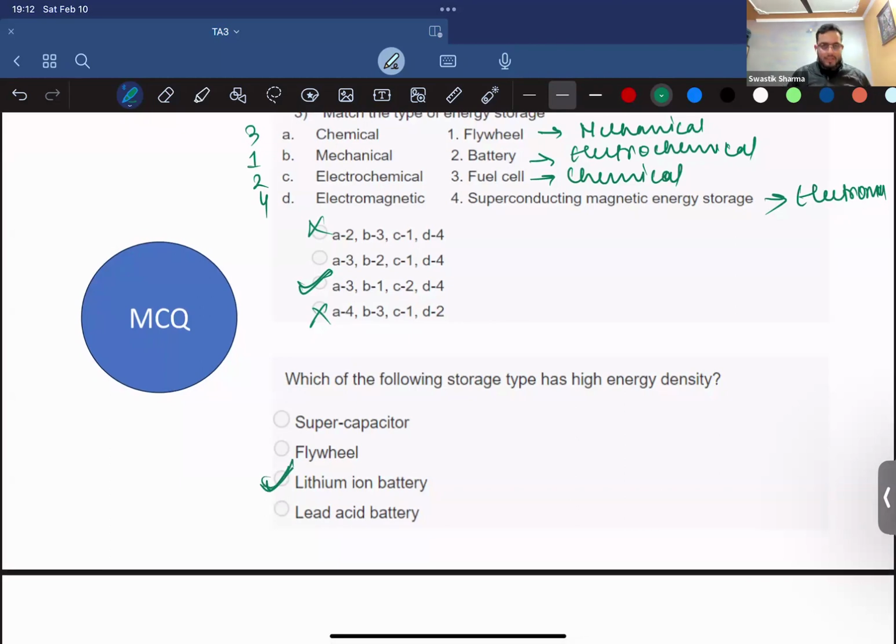So flywheel can only support whatever its inertia will tell it to, and then supercapacitor, you would need a very large capacitor. I mean supercapacitor to be able to match the energy density of a small lithium-ion battery. And lead acid battery, I have already told you its volumetric energy density as well as its geometrical energy density is nowhere near to what the lithium-ion is. So the answer is lithium-ion.